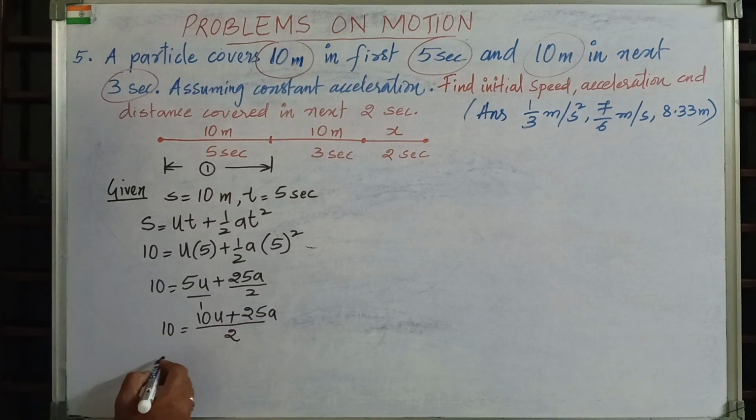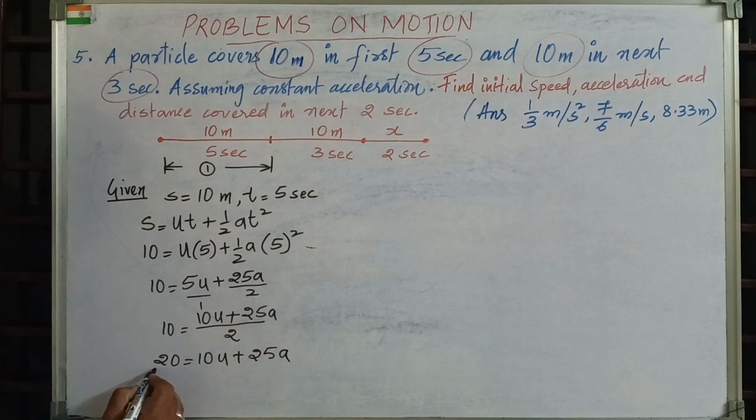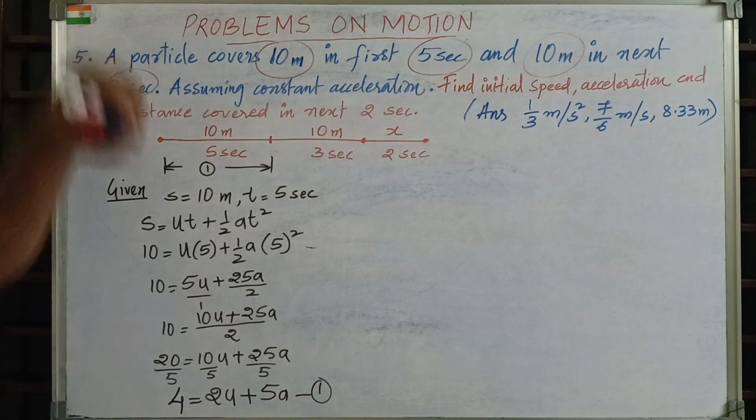Now cross multiply: 20 is equal to 10U plus 25A. Let us divide this by 5. You get an equation: 4 is equal to 2U plus 5A. Consider this as equation 1.